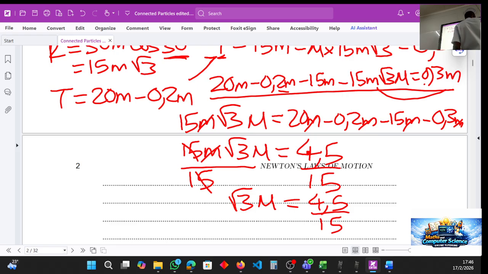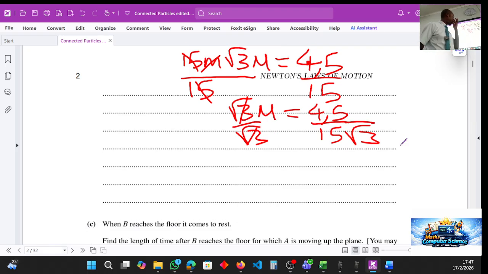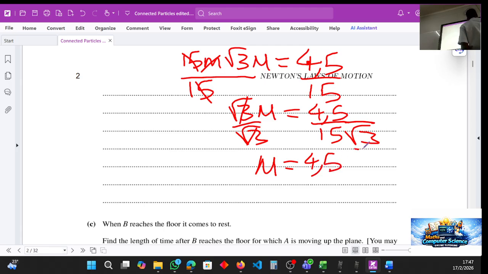Then I'm going to divide both sides by root 3, so root 3 will cancel. My final step: mu is going to be equal to 4.5 on the numerator, but on the denominator I have root 3.